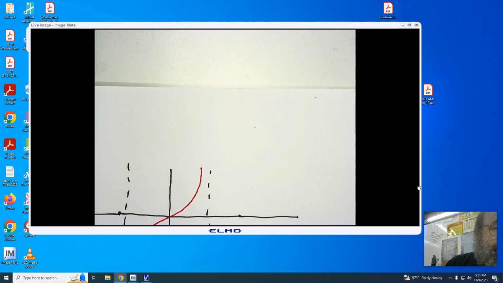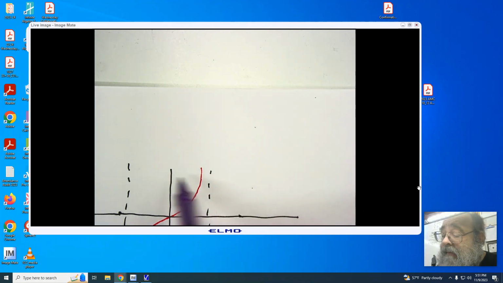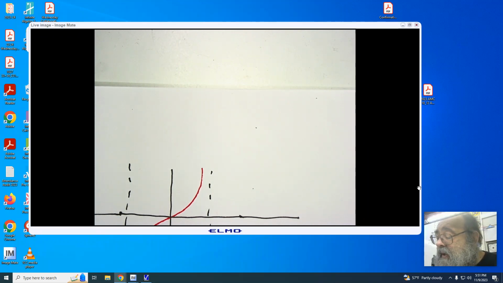So if I'm looking at my arc, the arc is going to have a horizontal limit. Once again, if this is pi over 2 and negative pi over 2, I have a negative pi over 2 crossing this way and a positive pi over 2 crossing this way.